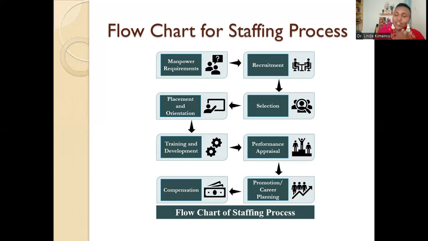Now, once you have finished identifying an organizational chart and you have different positions that require filling, this is where the staffing process starts. You start by identifying the manpower requirement. What is required for you to fill those positions?